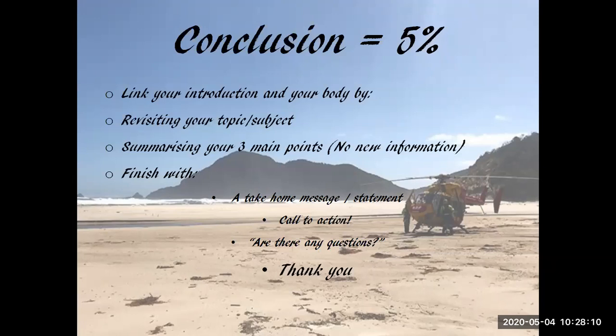So think about when you're choosing a topic and you've got your 3 main points, I want you to really think about what you want your audience to come away knowing, or how you want them to behave afterwards. So some sort of call to action. You might talk about groups that they can get involved in the park. You might talk about an event that you've got coming up in the park that they could get involved in.